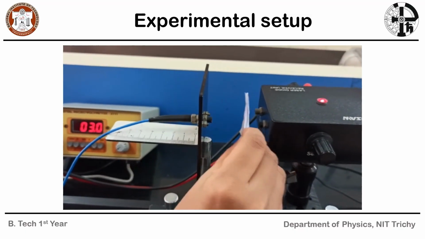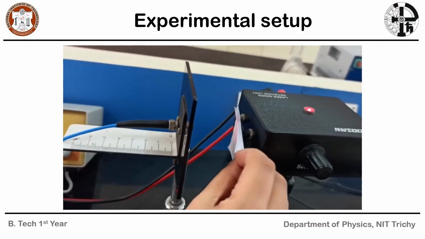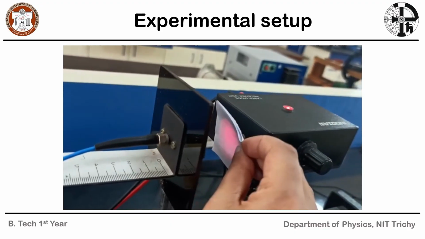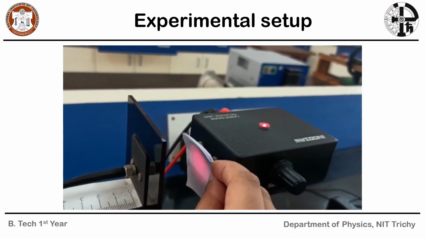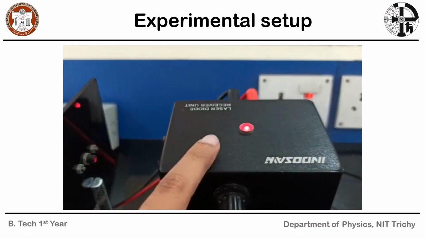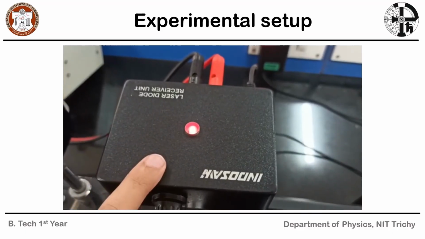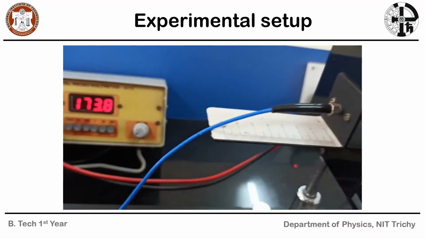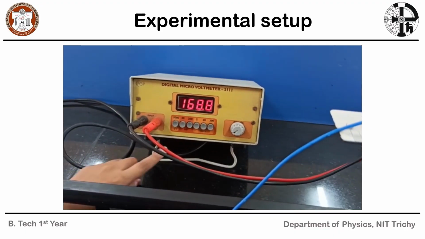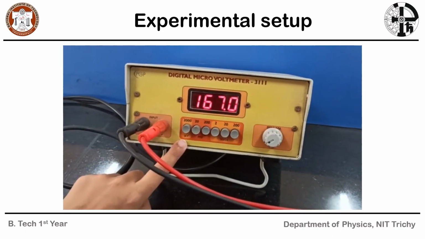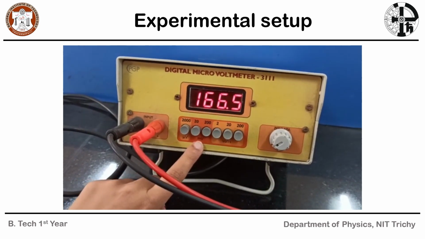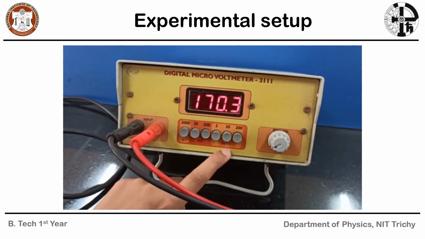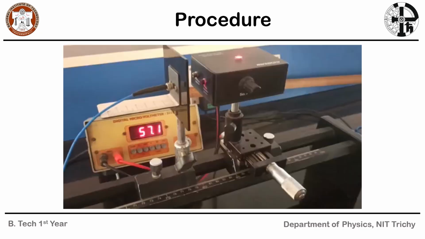The output of the laser light is measured using the photodetector. The photodetector is connected to a digital microvoltmeter, which has ranges of microvolt, millivolt, and volt. Now, in the next 2 videos, we will show how to perform the experiment.